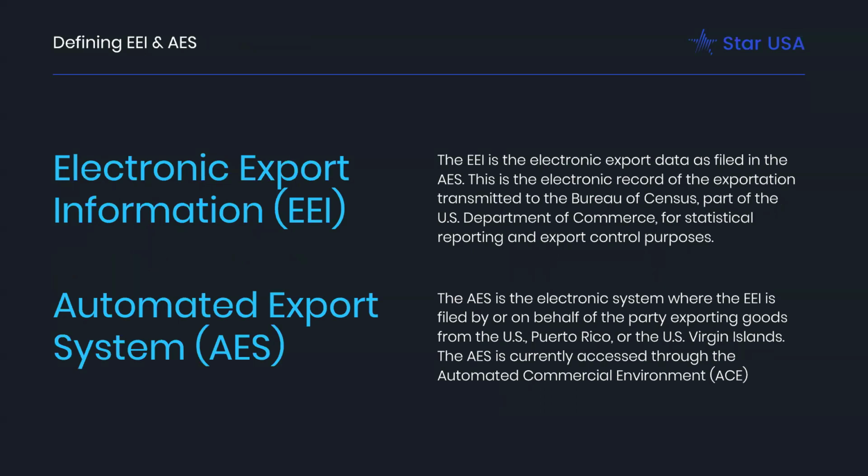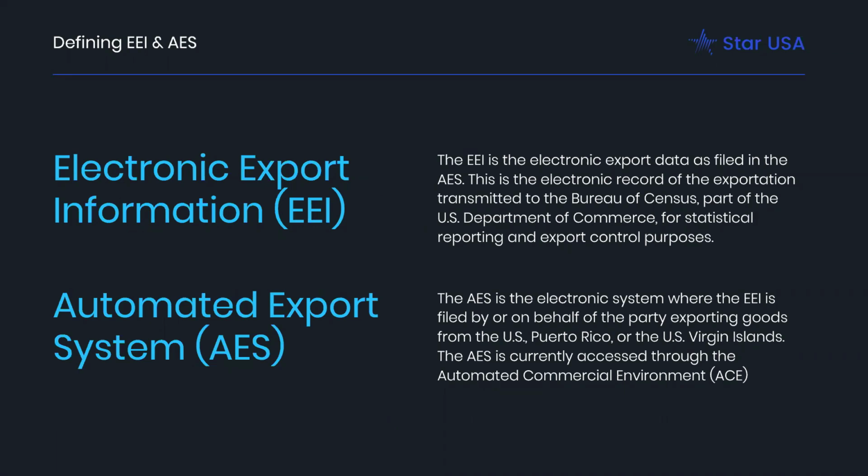The core role of the foreign trade regulations is to spell out the information and the methods and practices for getting the electronic export information filed so that the Bureau of Census can maintain visibility on our export statistics and export practices with various countries and with the businesses within the US that are conducting these exports.